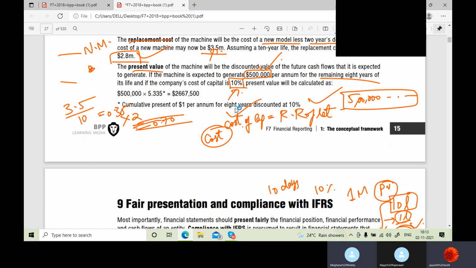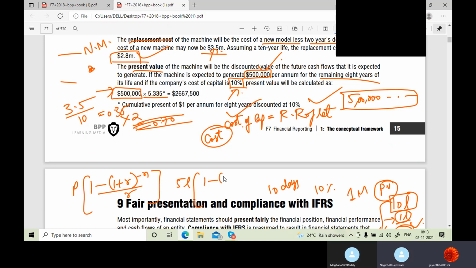You know the time value of money concept. Instead of discounting every year, it is better to find out the annuity factor, because this is an annuity. That means every year you are getting a similar payment. The formula is P into 1 minus (1 plus R) whole power minus n, divided by R. So 5 lakhs into 1 minus (1 plus 0.10) whole power minus 8, divided by 0.10.